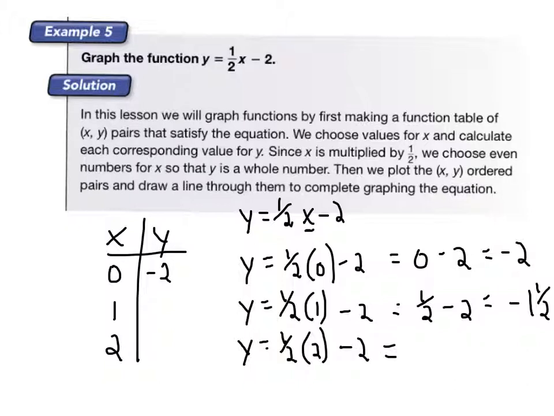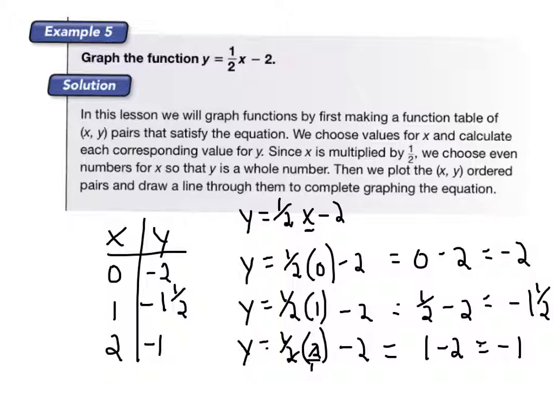Well, 1/2 times 2, if you do 2 over 1, that cancels. You just get 1 minus 2, which is negative 1. So my y values would be negative 1.5 and negative 1, if I did that right. I'm going to check my work on the next page. Hopefully I subtracted right. And you'll catch me if I didn't.